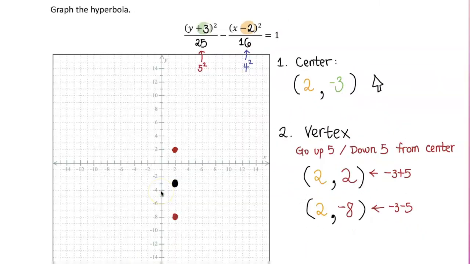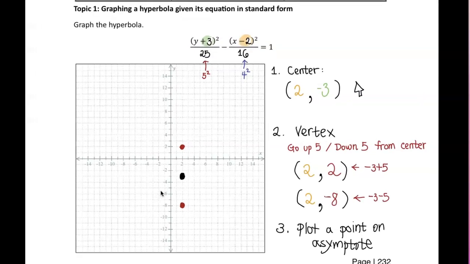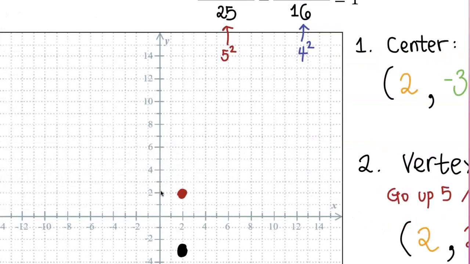So step number 3 right here, what am I doing? I am plotting a point on the asymptote. So from that vertex, go right 4 and plot a dot. I'm going to go 1, 2, 3, 4 and plot a dot.